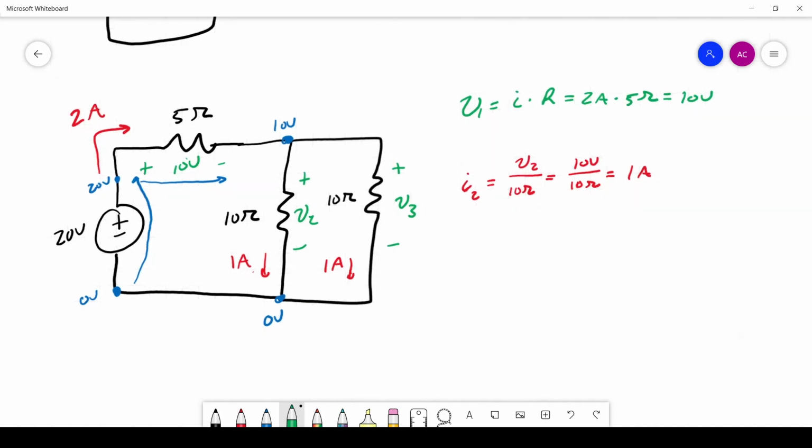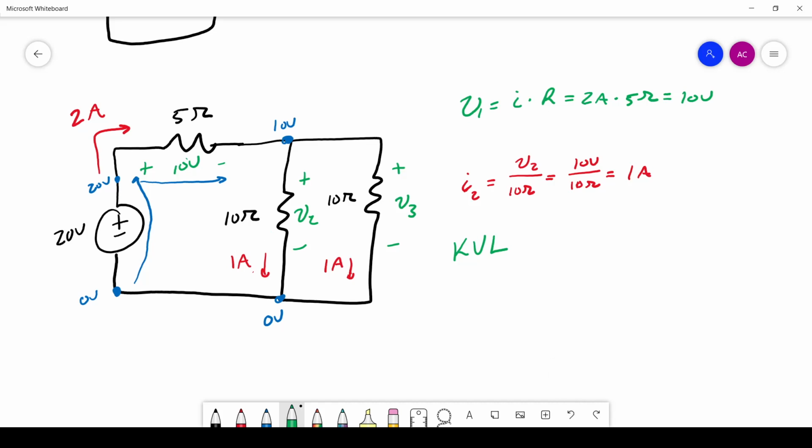So first thing, let's do KVL. First let's look at this inner loop. We have the 20 volt source, 5 ohm resistor, and this left 10 ohm resistor.